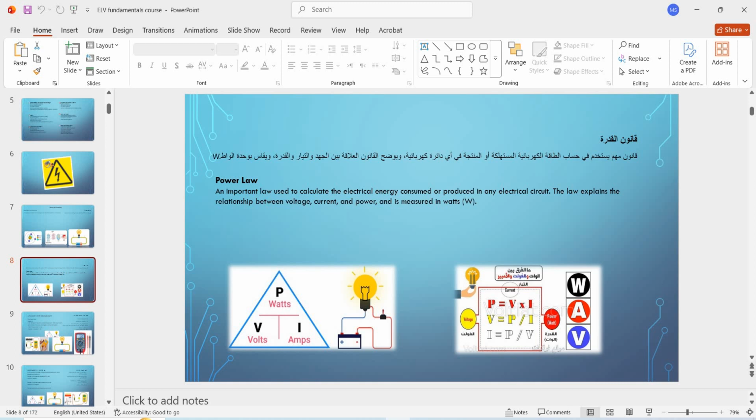In this example, we have one electrical circuit that consists of a bulb, conductor, and a battery. For example, I need to know how many watts this bulb is, but it's not written on the bulb. No one tells me how many watts this bulb is, but I have the voltage.